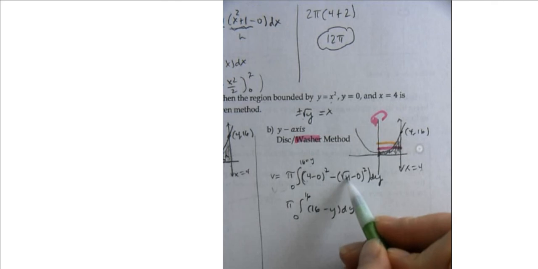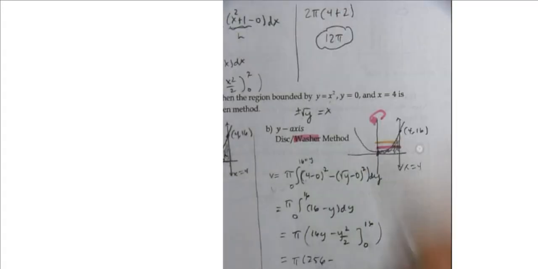The square cancels the root. So now I have 16y minus y squared over 2 from 0 to 16. 16 squared is 256, cut in half is 128. And then we get 128 pi, and I'm really glad we got that because that's what we were expecting.